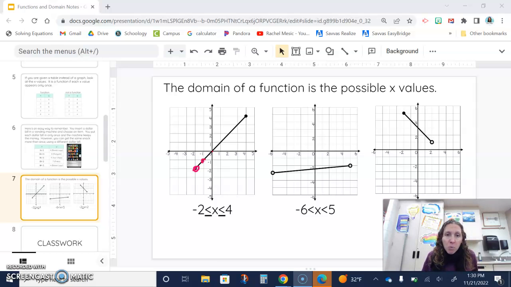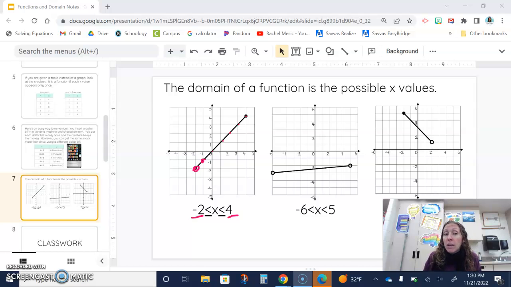So all of these points along here, ranging from -2 to +4. And these are closed dots at the end, which means it could include those numbers, okay? So our X is in between -2 and +4.